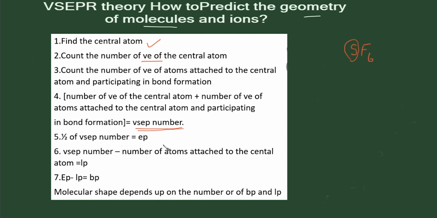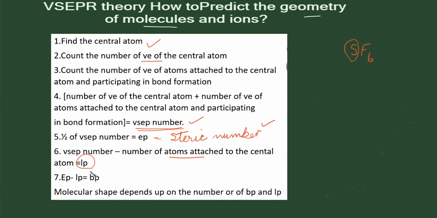Next, we have to find the number of electron pairs, which is called steric number. Half the VSEP number is the steric number, or the electron pairs around the central atom. So we have the VSEP number and the steric number. VSEP number minus number of atoms attached to the central atom will give the number of lone pairs.